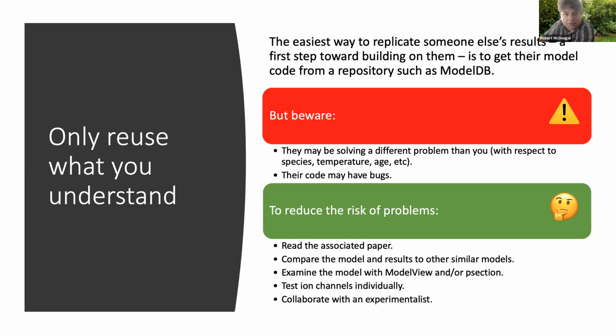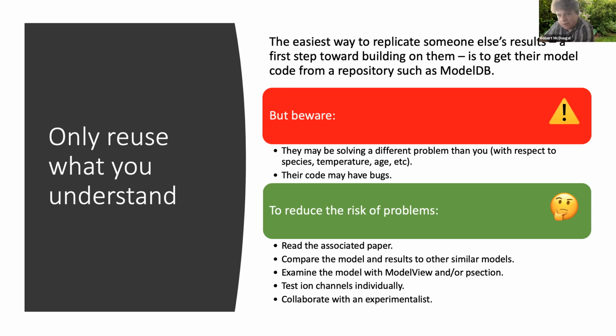So when you find some model on ModelDB or wherever, GitHub, keep in mind that people solve their own problems, and they may be solving a different problem than you. If they're looking at a disease model and you're not, or a different animal species than you, or a different age of a certain animal, does it matter? Maybe. You should at the very least read the paper and figure out what they're doing so that you can make an informed decision: is it appropriate for what you're trying to study?